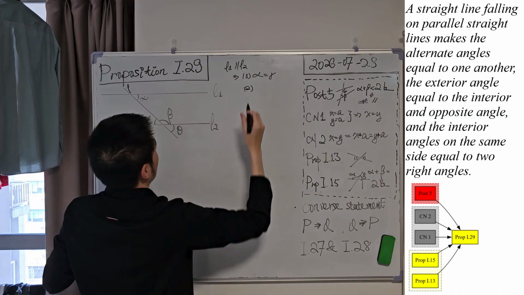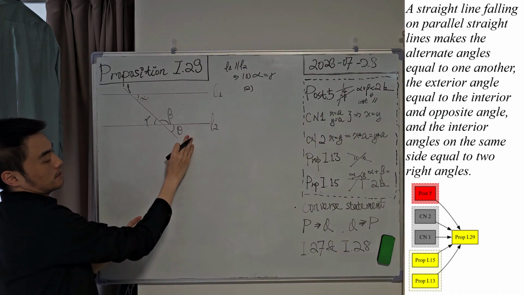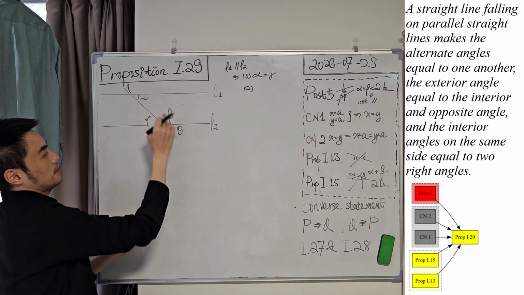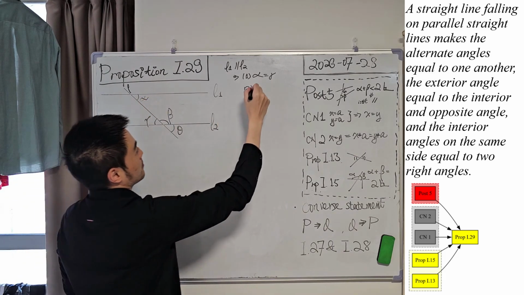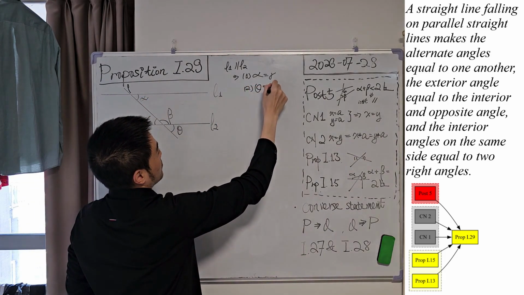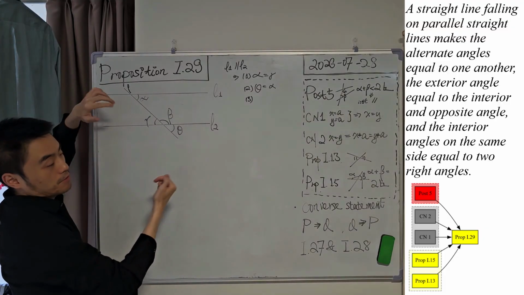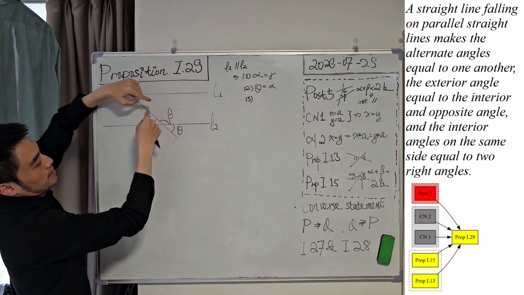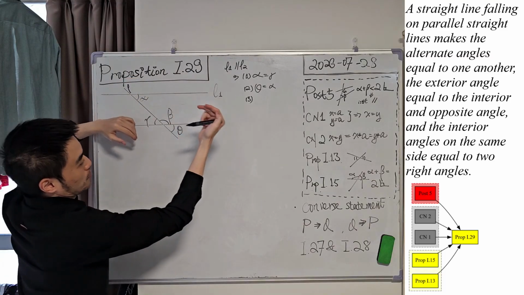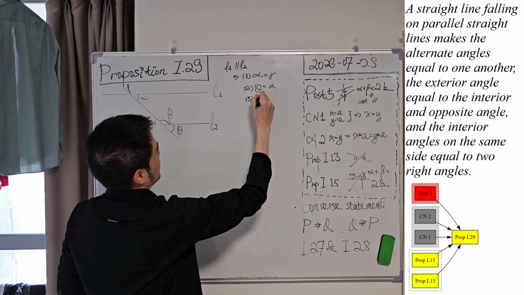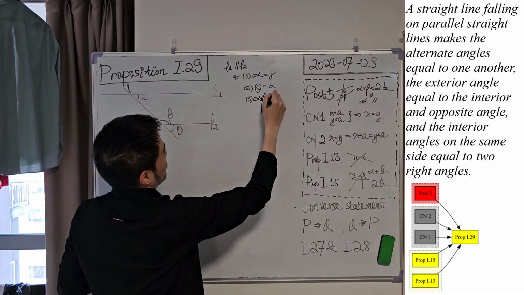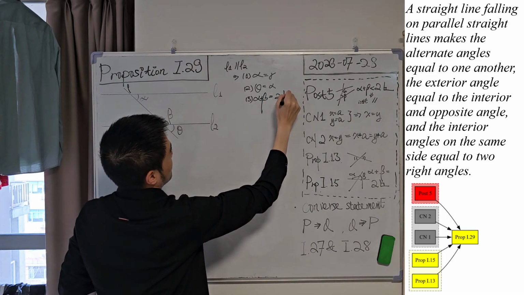The second is that the exterior angle will be equal to the opposite interior angle, so theta will be equal to alpha. And the third case is that the sum of two interior angles from the same side will be equal to two right angles.